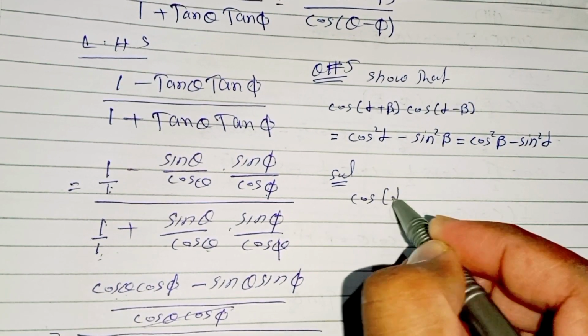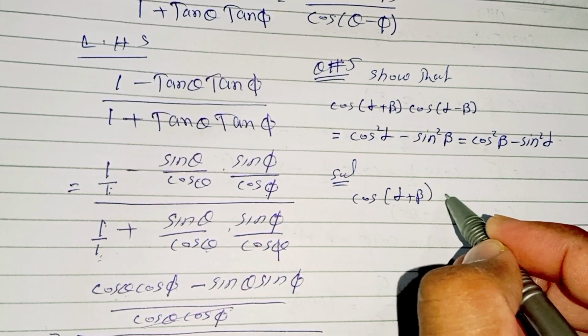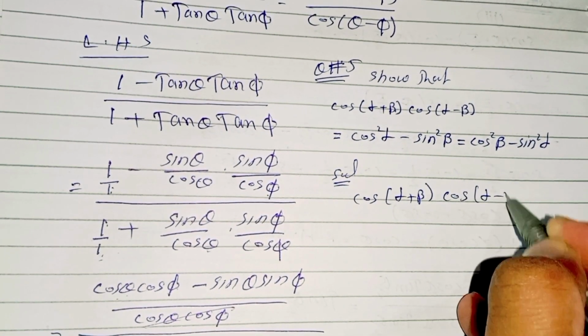Cos of alpha plus beta multiplied by cos of alpha minus beta.